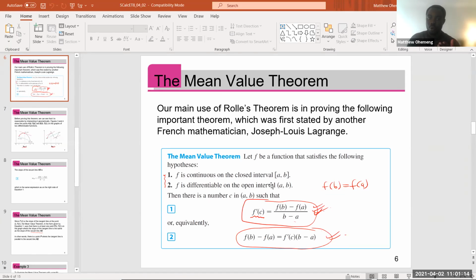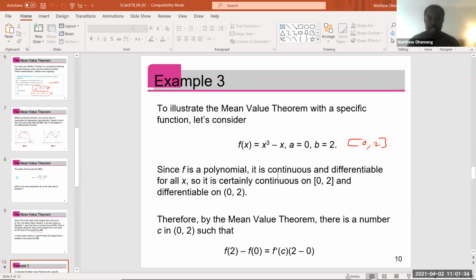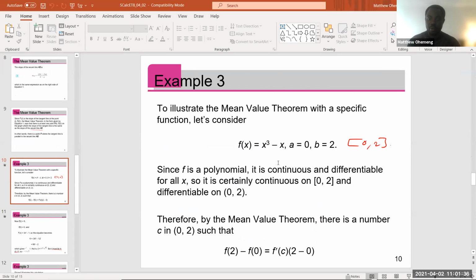If those two conditions hold, then there is at least one c inside a and b such that the slope of the tangent line at that c equals the slope of the secant line joining the endpoints. Most of the time, they'll just ask you if it satisfies the hypotheses, and then ask you to find a c.